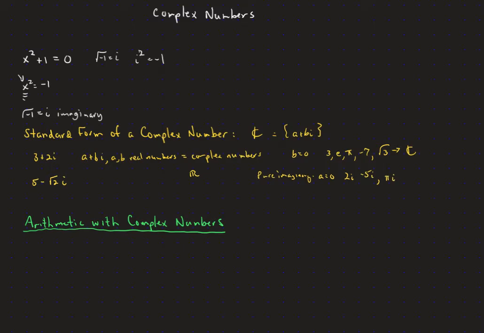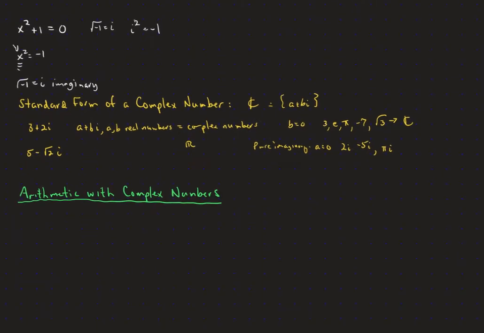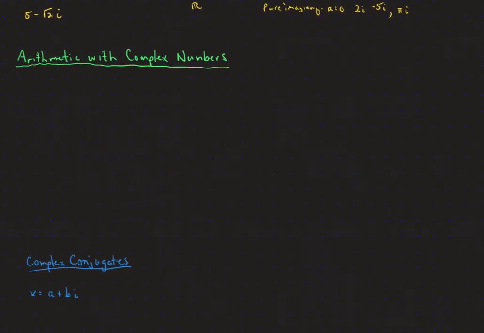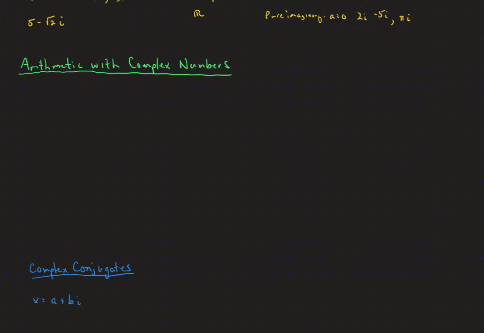Before we get into the arithmetic with complex numbers, we have an issue that we need to resolve. We know that, for example, the square root of -12 we can think of as the square root of 4 times the square root of -1 times the square root of 3.